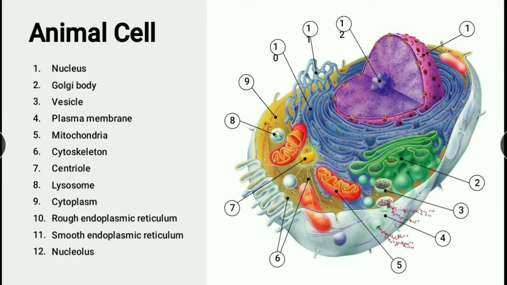The third difference I told is that in the animal cell the nucleus is at the center, whereas in the plant cell it is near the side. And one more difference is that in the animal cell there is a very small vacuole, or we can say no vacuole, but in the plant cell you can see a huge vacuole at the center.